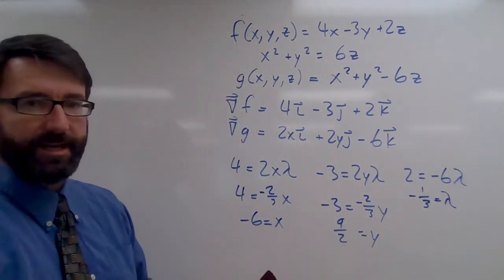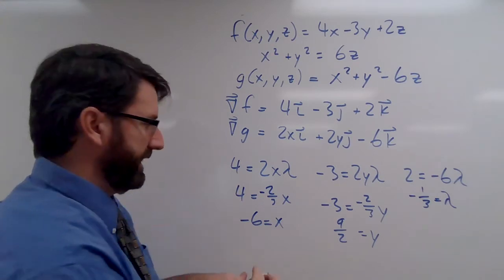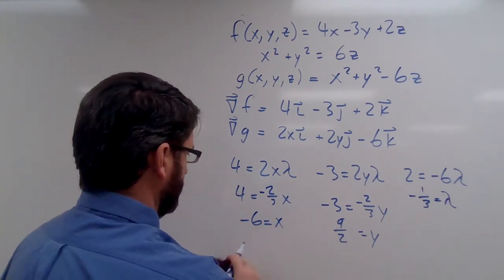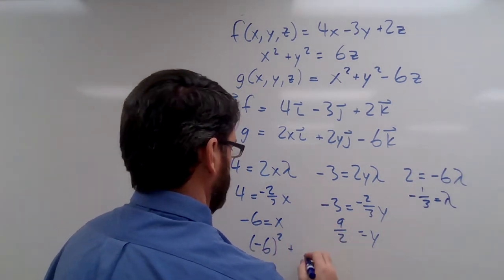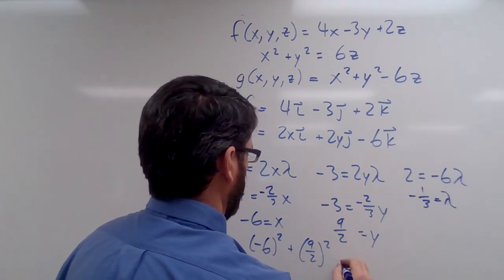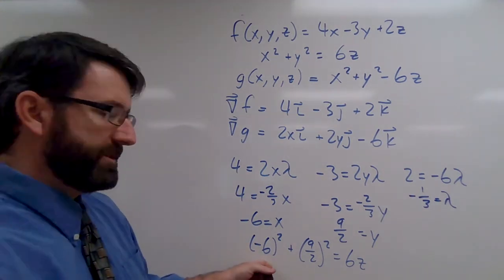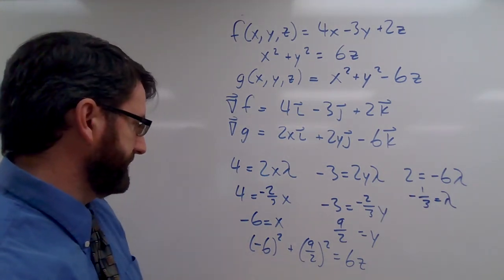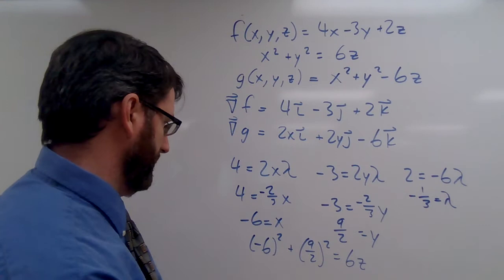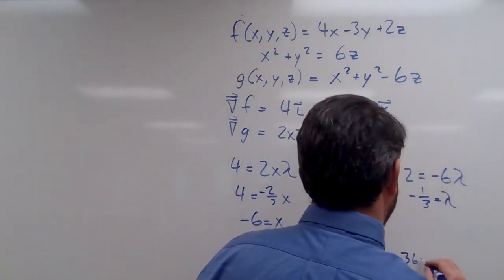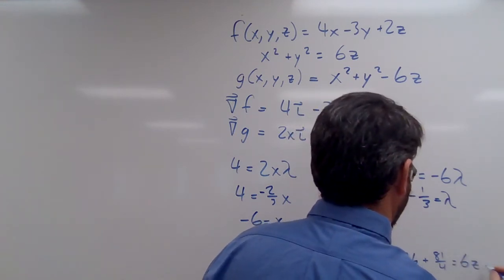And then to find z, we need to plug these values back up into the constraint. So we're going to get negative 6 squared plus 9/2 squared is equal to 6z. So that's 36 plus 18 over 4, or no, 81 over 4. So 36 plus 81 over 4 is equal to 6z.